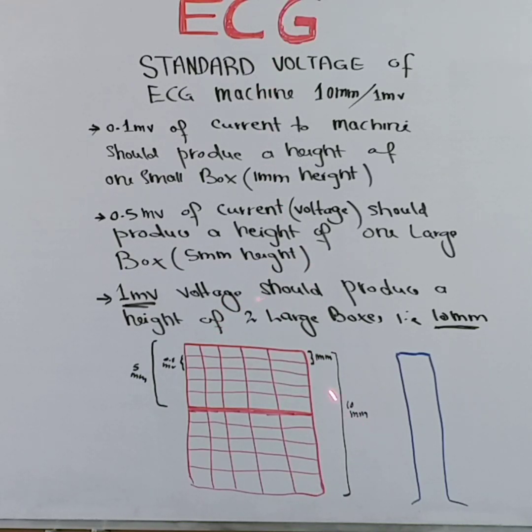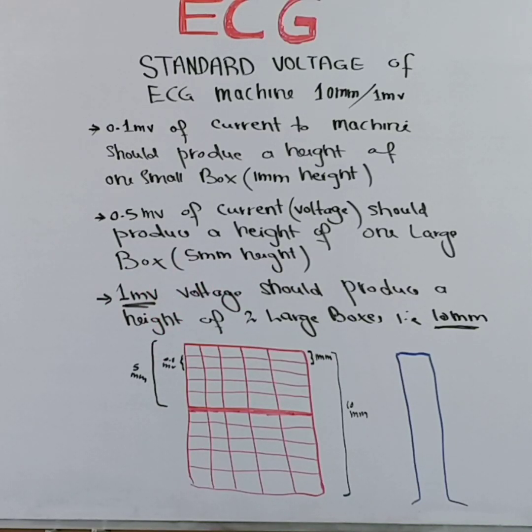So 0.1 millivolt equals 1 millimeter or 1 small box, 0.5 millivolt will equal 5 small boxes or 1 large box, and 10 millimeter will be generated, or the height of deflection of the QRS complex will be 2 large boxes, when the current delivered is 1 millivolt.